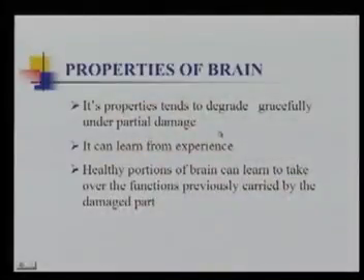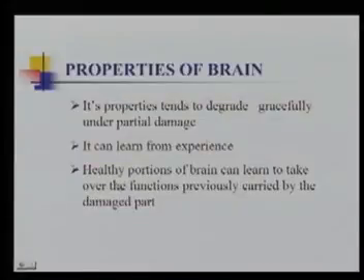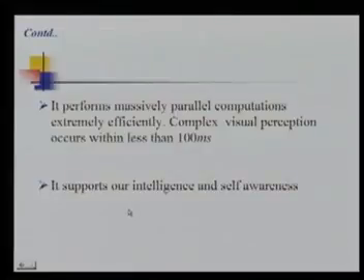Second, it can learn from experience. This is one of the key properties of the brain: through synaptic junction reinforcement, the brain learns. As I said, healthy portions of the brain can learn to take over the functions previously carried out by the damaged part. Another property is that it performs massively parallel computation extremely efficiently. For example, complex visual perception occurs within less than 100 milliseconds.